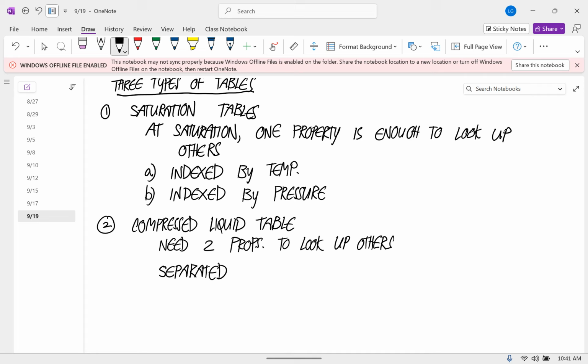It's separated into sections by pressure, and then inside each section, it's indexed by temperature.